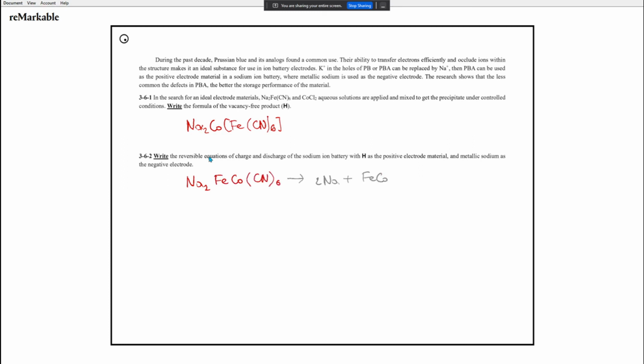We basically have some electrode which is just pure sodium, and then sodium travels from one electrode side to another electrode side.